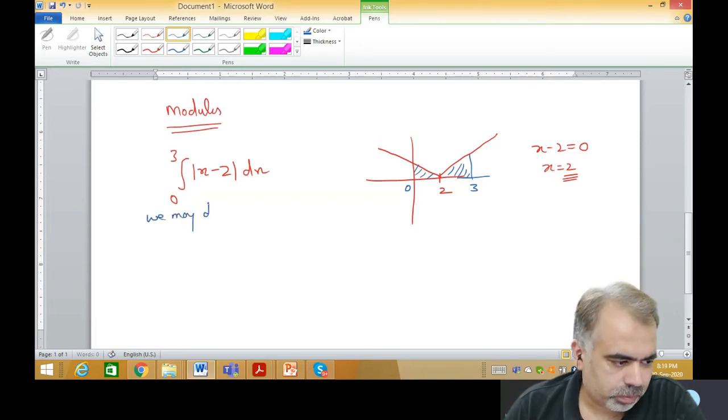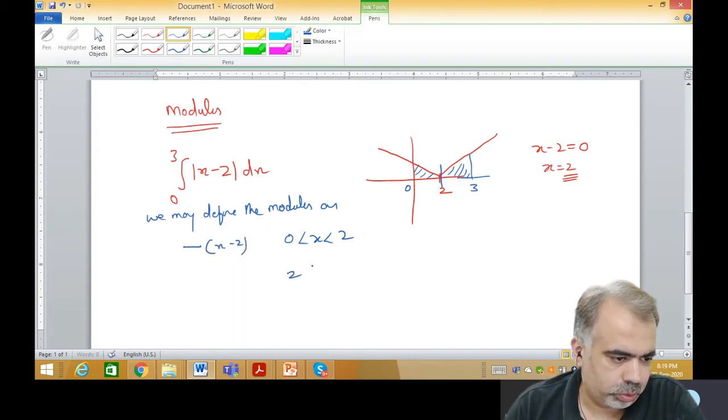We may define the modulus as follows: from 0 to 2, since this curve falls on the left hand side, this is negative. And for 2 to 3, since it falls on the right side of this cut point, you have to take it positive.